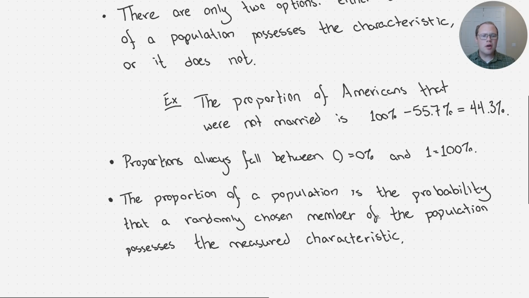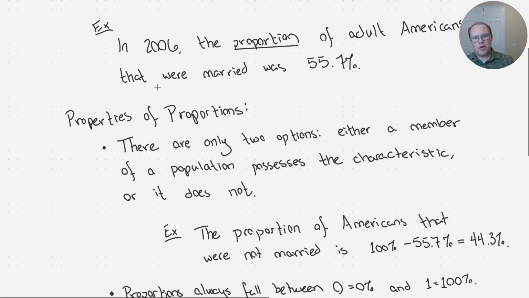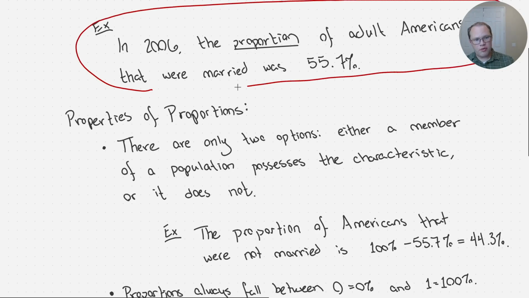So in our example above, where we knew that 55.7% of adult Americans were married in 2006, that also tells us that if we randomly select an adult American in 2006, there's a 55.7% chance that the adult we select is married.